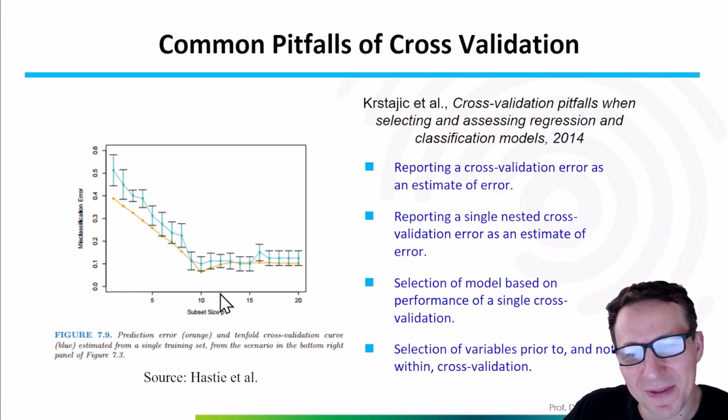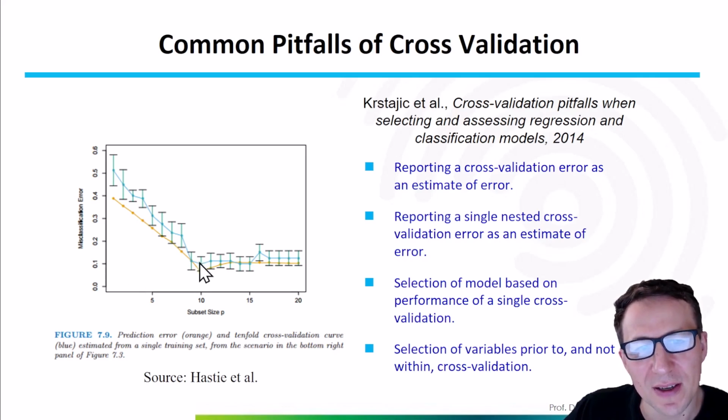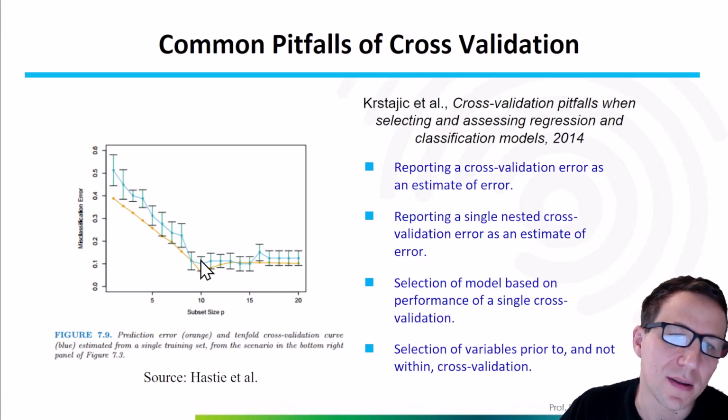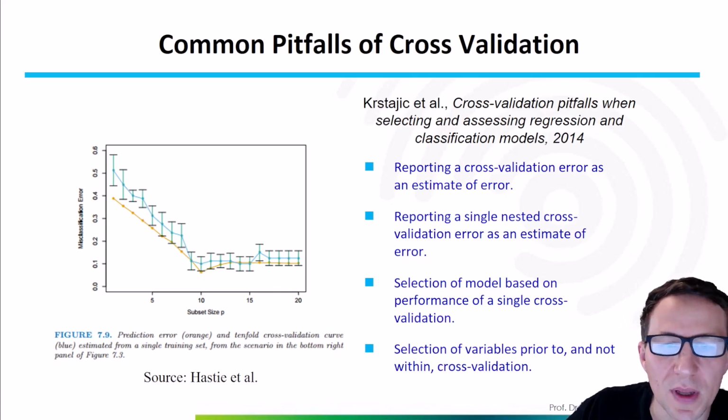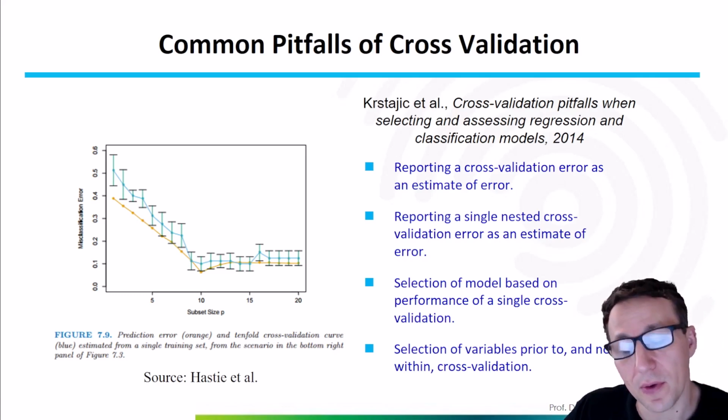I know it's a little bit of a technicality, but it's important that you understand that the minimum you have identified here is not necessarily the performance of the model that you would see on unseen data, because you have used this data to fit this parameter here. And therefore, the performance estimation might be a little bit too optimistic. So that's pitfall number 1.